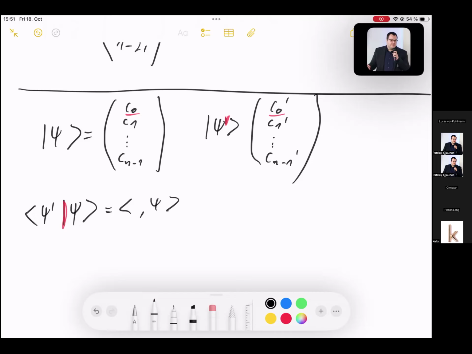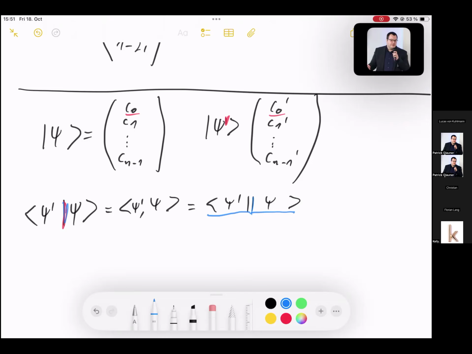So we have here our psi and our psi prime. I'm showing you the different notations, but they are all exactly the same. Here you have the ket and here the bra. Sometimes you just use one bar, as you have seen over here, or you just put a comma. All of that is exactly the same.